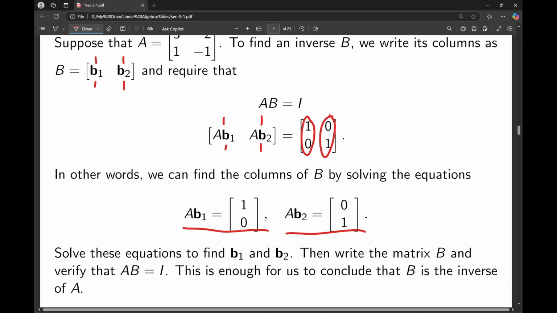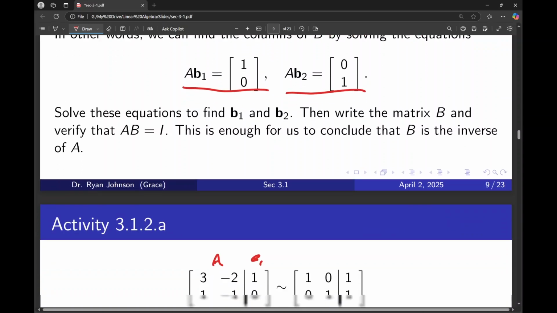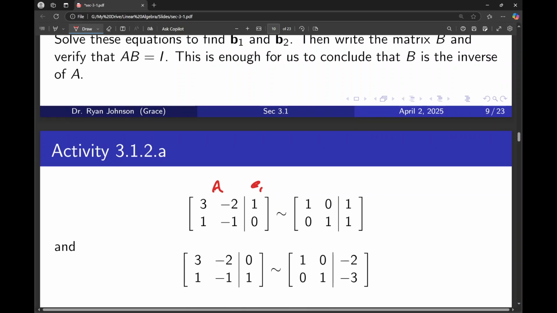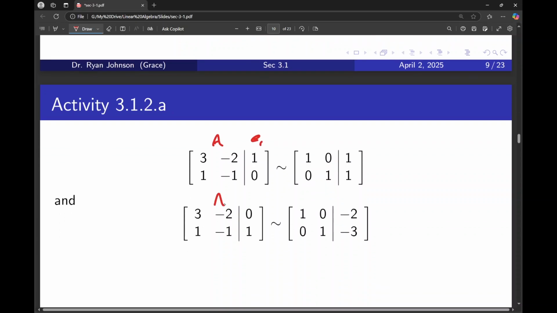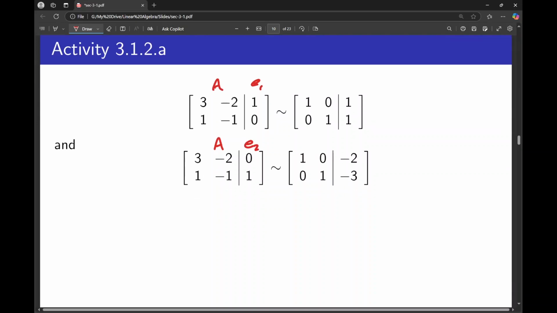This is the confusing part, because usually this is what we would normally call B, but instead we're calling these guys B. So that means that I'm putting A, E1 there, and then I do Gauss-Jordan elimination, and I get 1, 1. And then I do A, and I put E2 here, and I do Gauss-Jordan elimination, and I get -2, -3. So then I set B as the matrix who has the solutions to those equations.